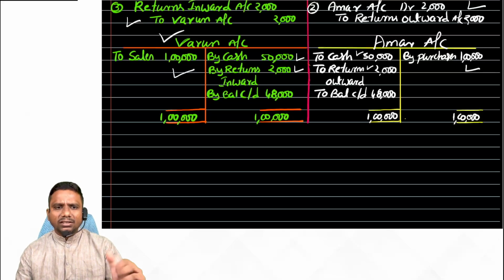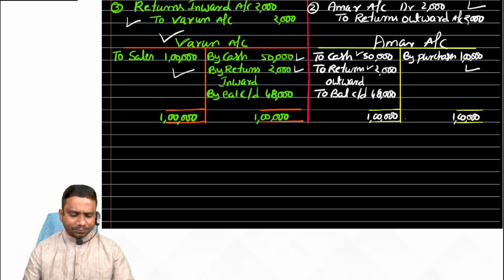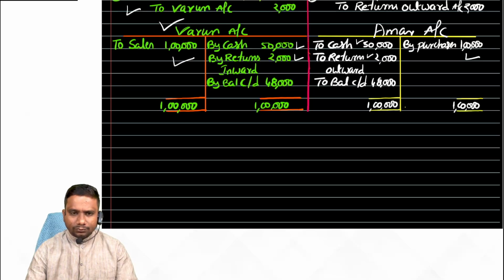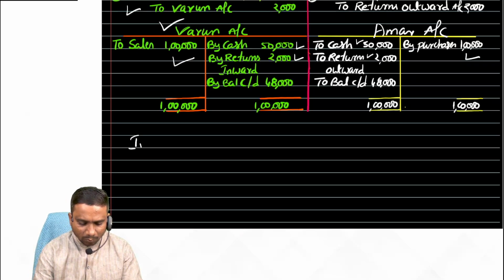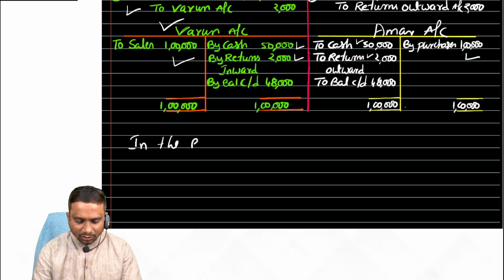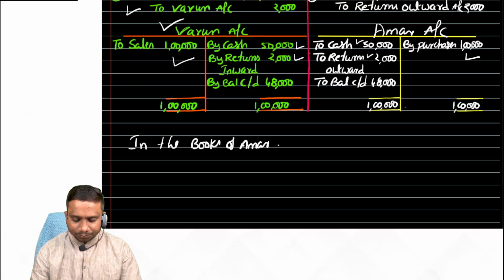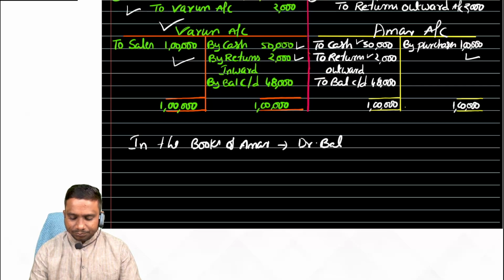Now, after balancing, in the books of Amar, debit balance 48,000.